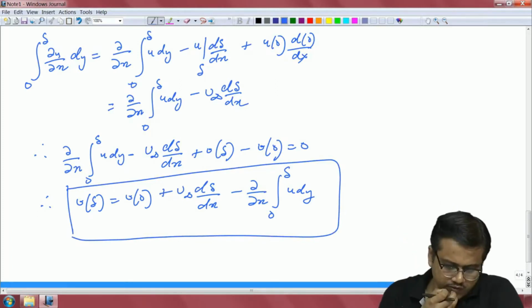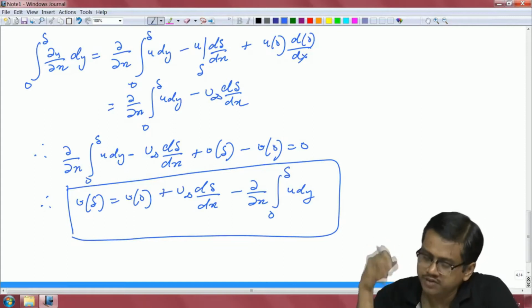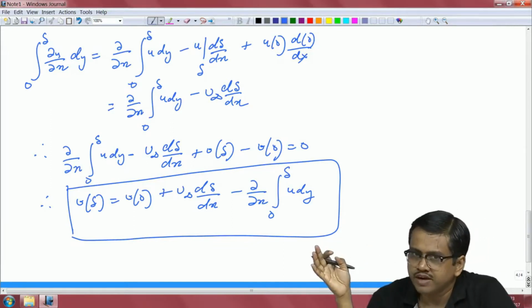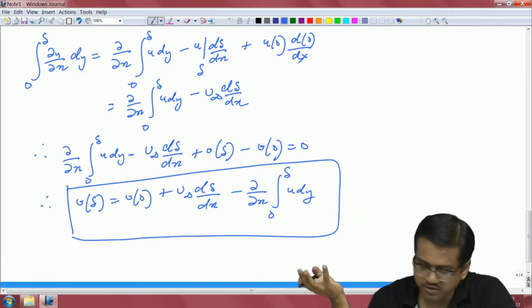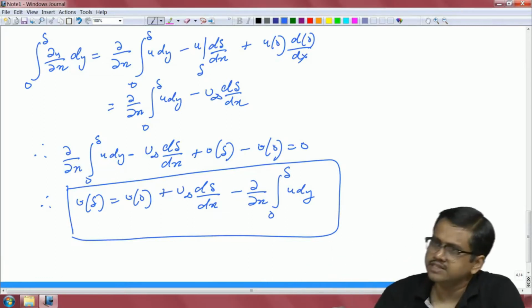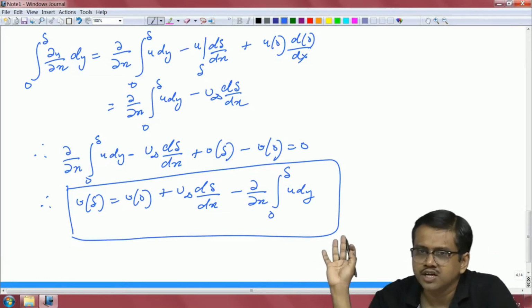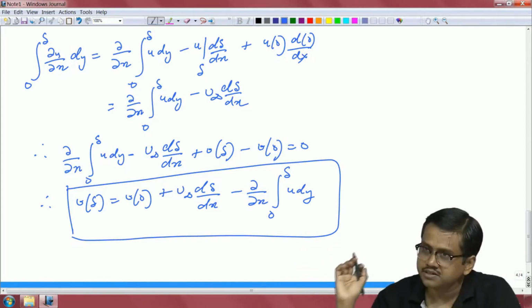Okay. Now, of course, v at 0 you can put whatever values that you want, v at delta you can put whatever values you want, okay, and all these things are incorporated. This is the most generic form of the equation that we can write, got it.